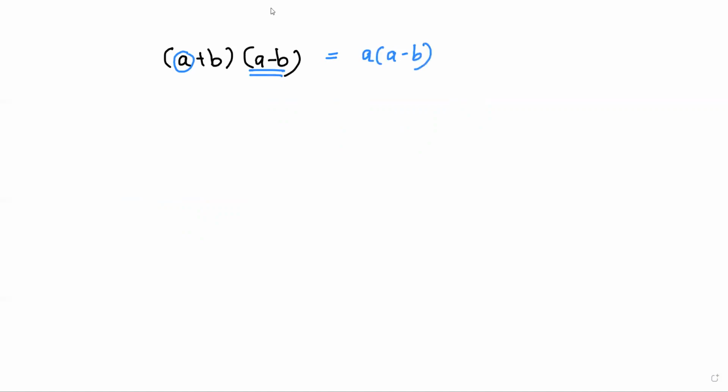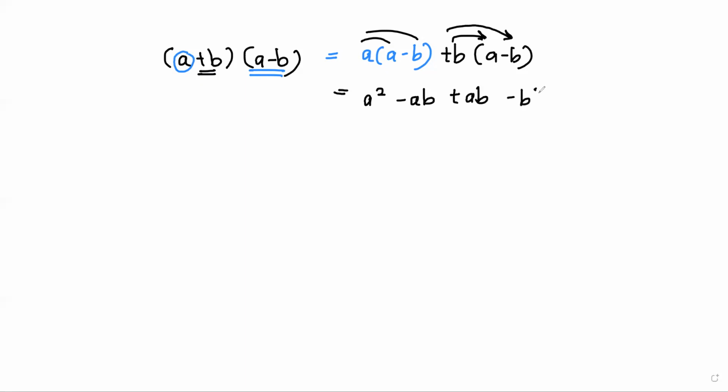And then the next one is positive b times a minus b. For this one, a times a, a squared, a times negative b, negative ab. This one, I'll get ab, and the next one, I'll get negative b squared.